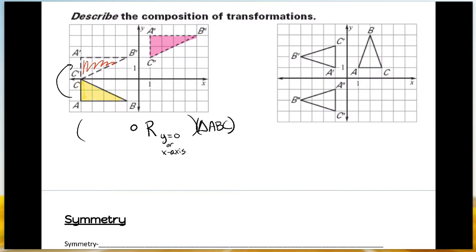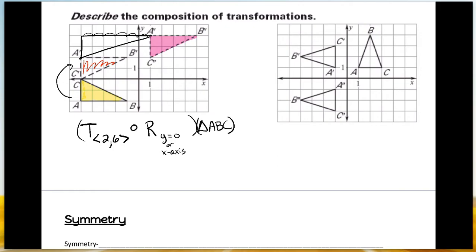And then our second piece of the transformation, like if I want to take A prime to A double prime, I can see that that is a translation. And I'm wanting to go up and right. So I'm going to translate, with a pointy bracket here, it's going up 2, and it is going right 1, 2, 3, 4, 5, 6. And so that would be the rule for the translation.